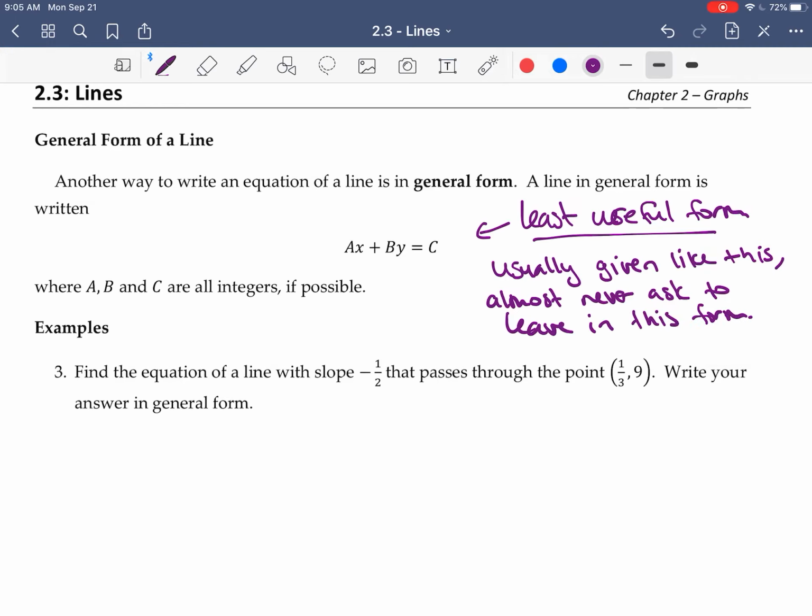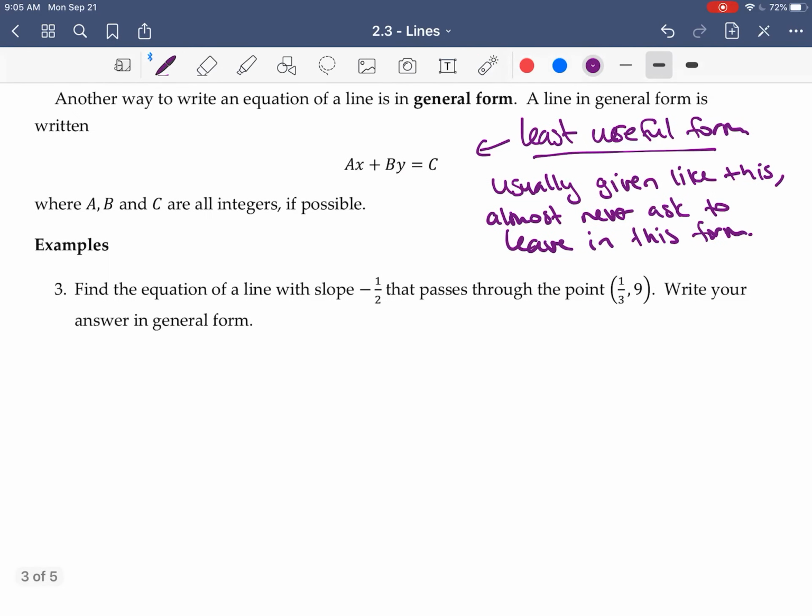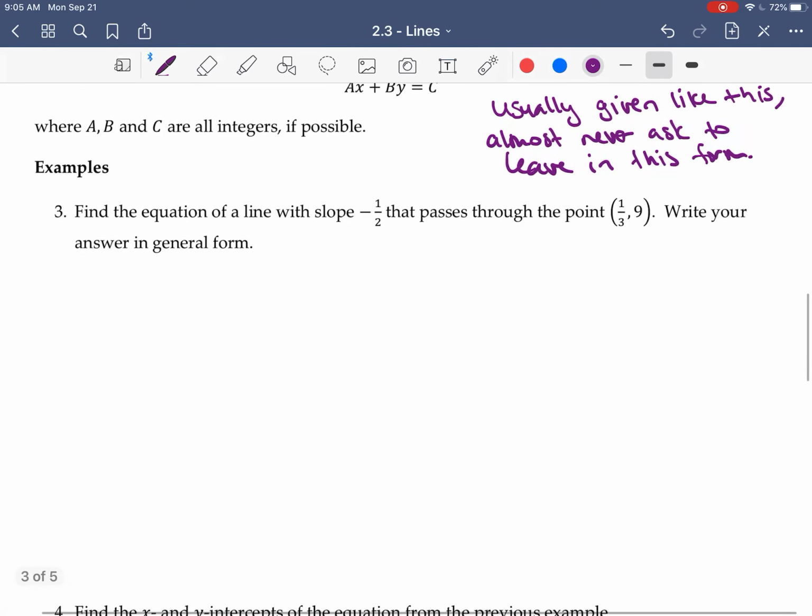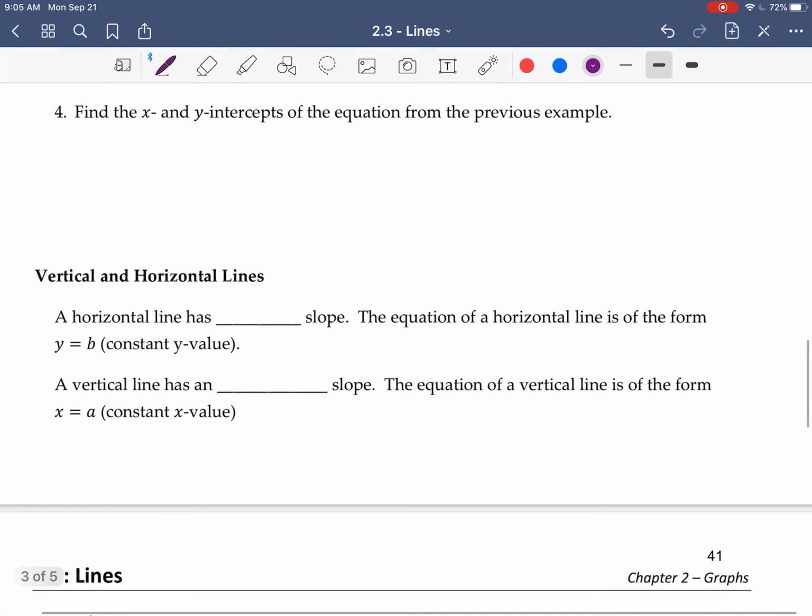So if they give it to you in this form and they ask for the slope or something about the line, it might be useful to turn it into slope-intercept form. So then you'd want to solve for y to do that. But I'm going to leave this example for you to do, and also that one.